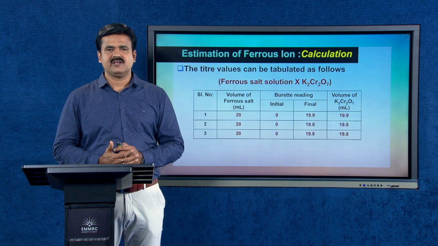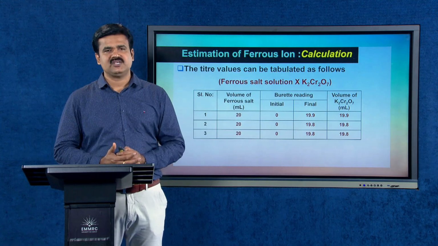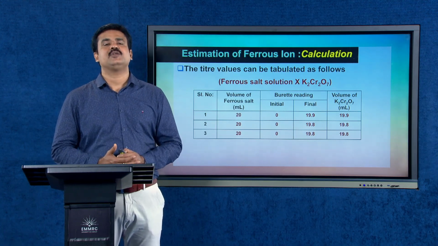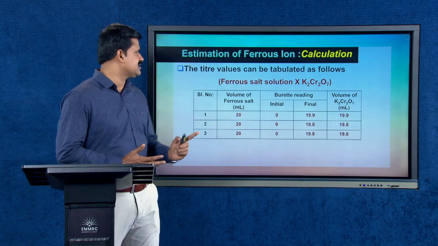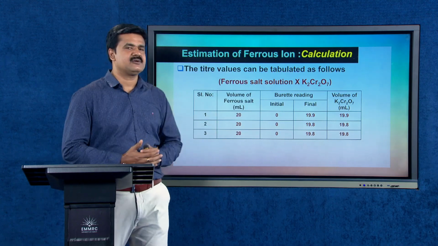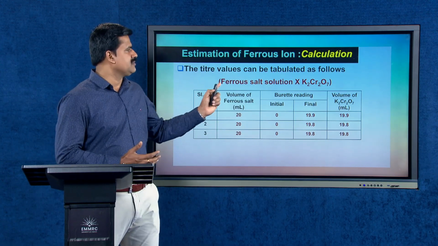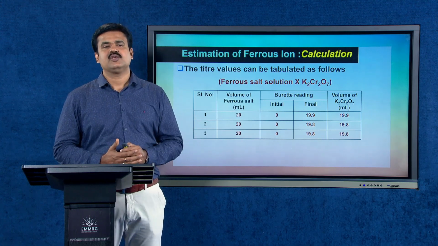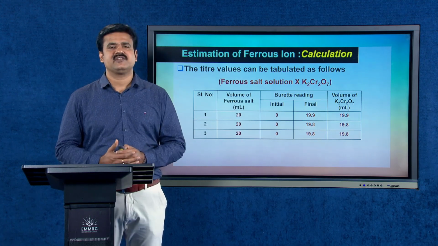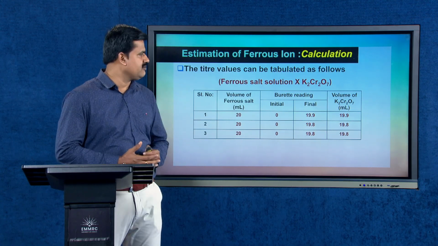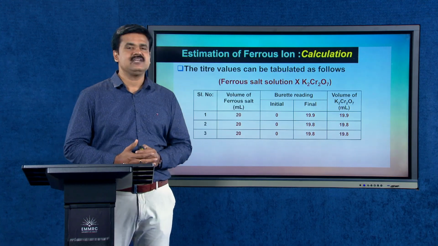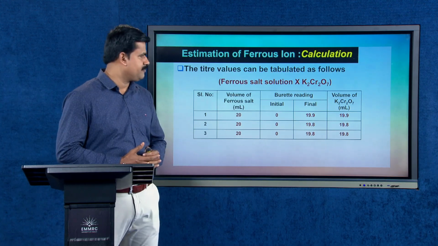This is the titer values obtained during the titration between ferrous salt solution and potassium dichromate. You can see the volume of ferrous salt pipetted out in 3 titrations is equal to 20 ml. From the initial and final burette reading, you will get the volume of K2Cr2O7 used and the concordant value is equal to 19.8 ml.